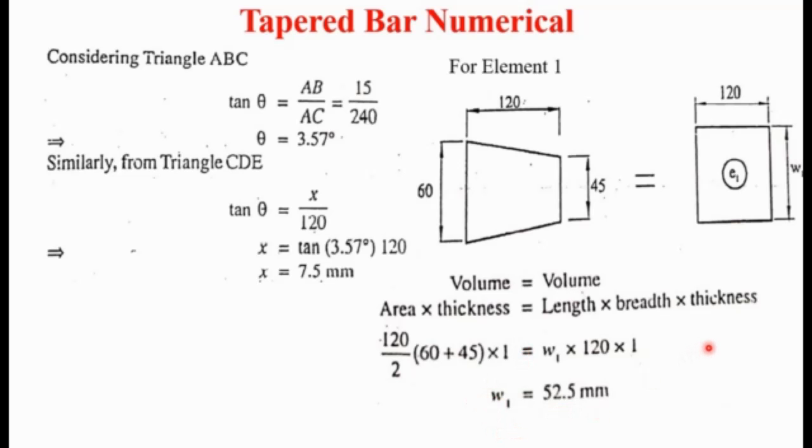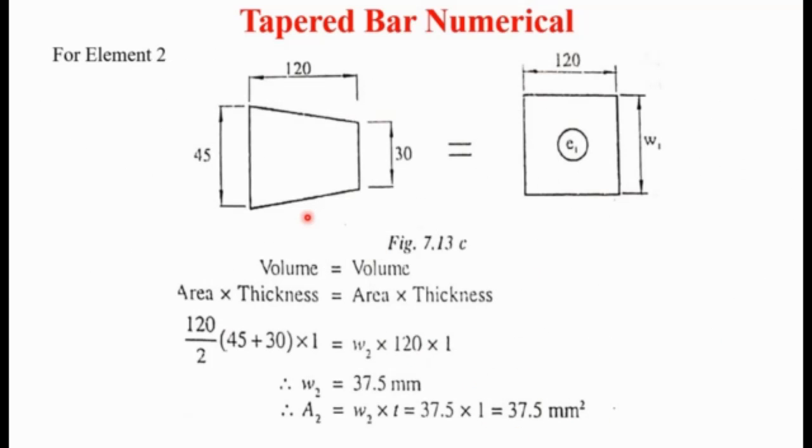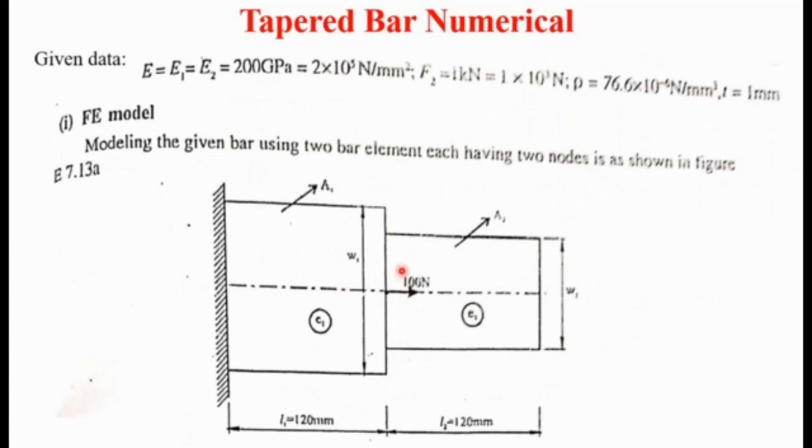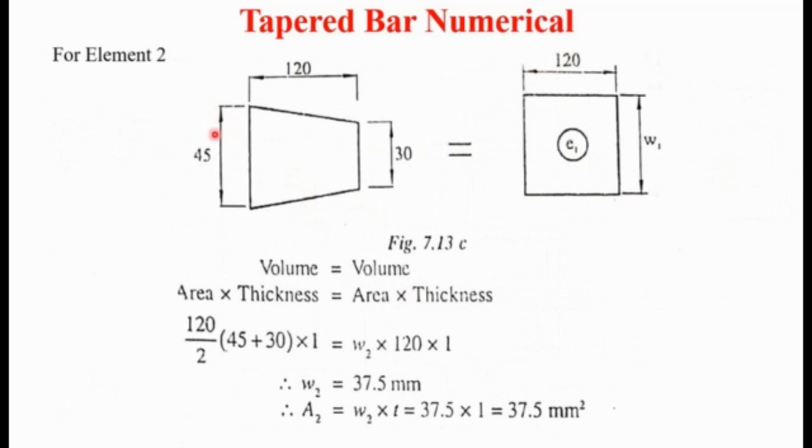Then, similarly for element 2, one end is 45 mm and the final end is 30 mm, and the length of this element is 120.